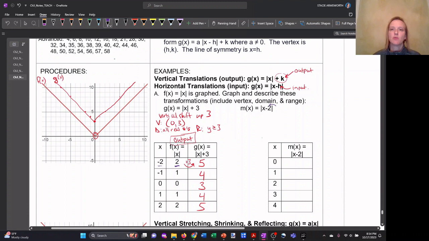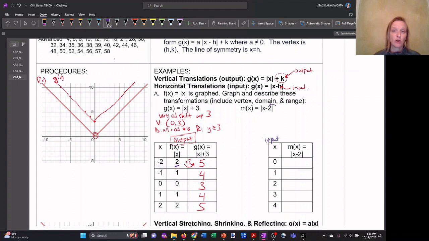So what happens when we do an equation that affects the input values? When our function here, this subtracting 2 occurs before I take the absolute value. So I'm changing the input values.